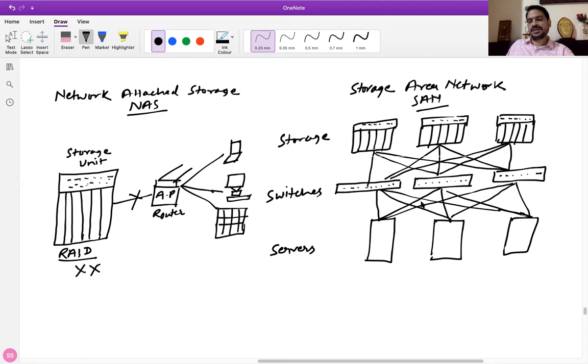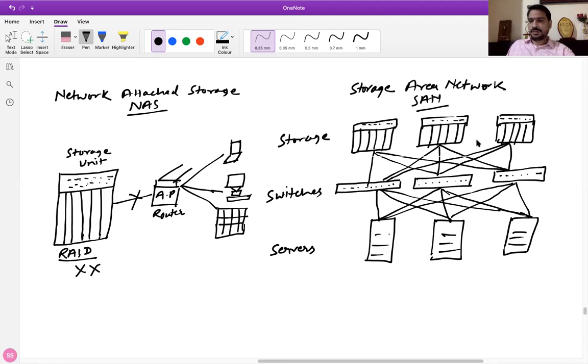So what will happen here? These are the servers, right? These are all servers, and these servers can access the storage with the help of the networks, right? And if any of the systems, let's say this storage, fails, here we have some duplicate data also. So it is not like only one copy of data is stored in one place.